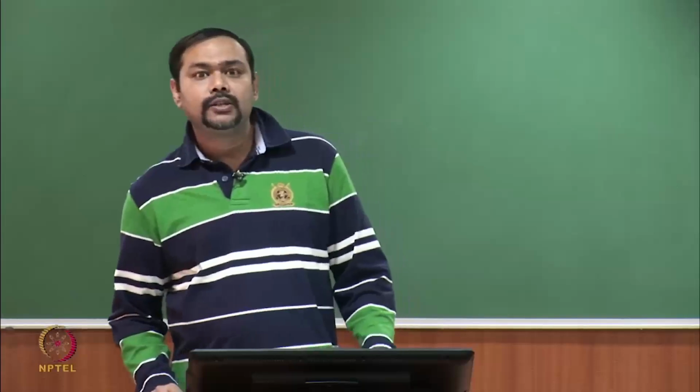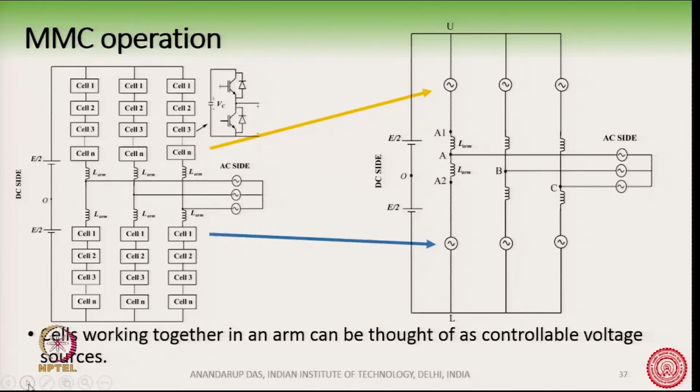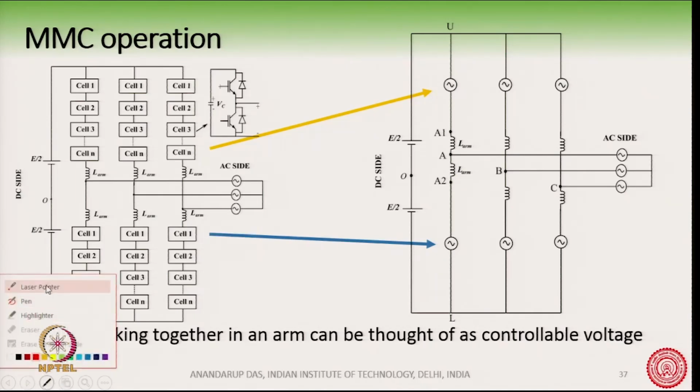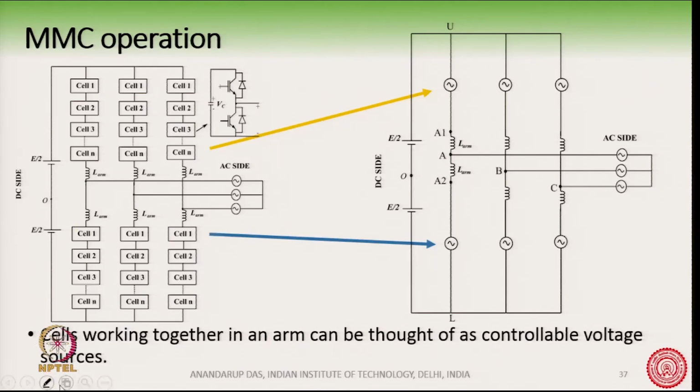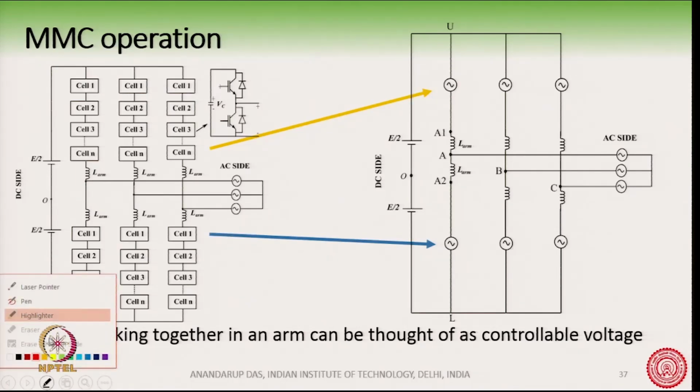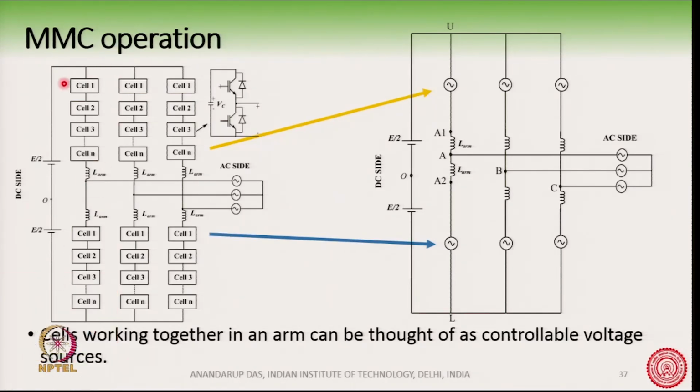So, before I go into these different circuit possibilities with MMC, let us recap once more what the circuit is. This MMC circuit has many cells, and there are a large number of cells in the upper and the lower arm, and we had said that these cells can be made up of half bridge or full bridge circuits, and these cells can be treated as a controllable voltage source.